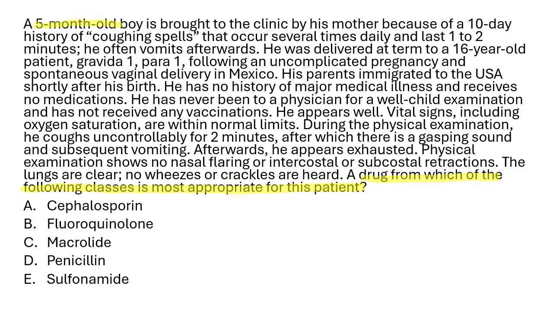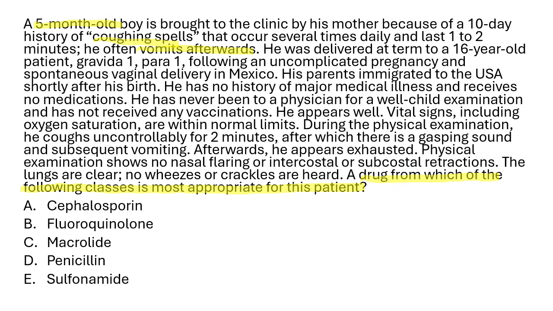So we've got a 5-year-old boy coming in. They've got coughing spells several times a day, and he vomits afterwards, a post-tussive emesis. Birth history, maybe not so helpful. It doesn't sound like it was super complicated.